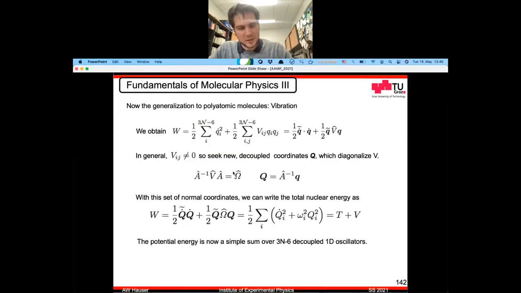It has only entries along the diagonal, and in vector-matrix style I can write down my energy expression as this term here, 1/2, and then the product of first derivative Q, first derivative Q, plus 1/2. And here, since I have in Q my potential, so this matrix here is diagonal in my set of coordinates Q, I can simply write this as a sum over the entries along the diagonal.